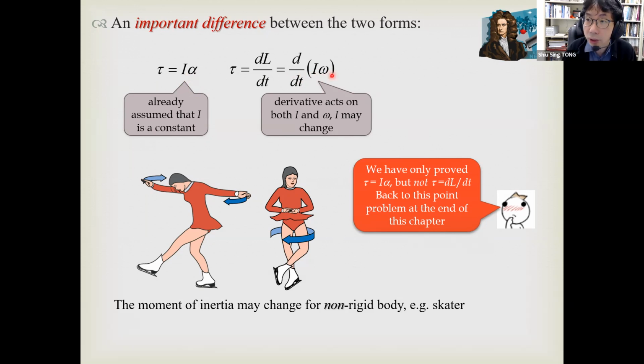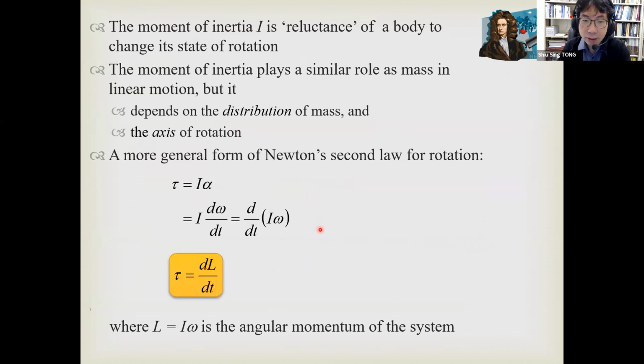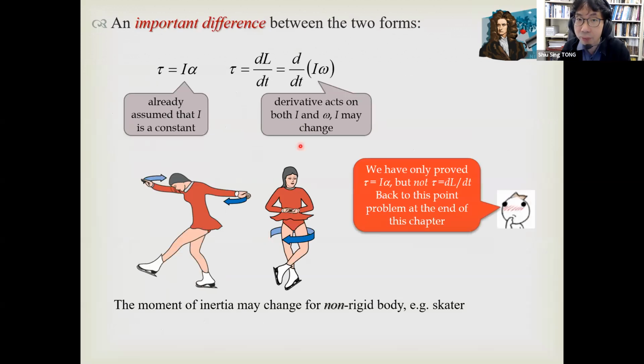It acts not only on omega but also on I. Now the question is, we haven't derived Newton's second law in this form if I changes. We just assumed that I is a constant, and we put the I into the derivative.